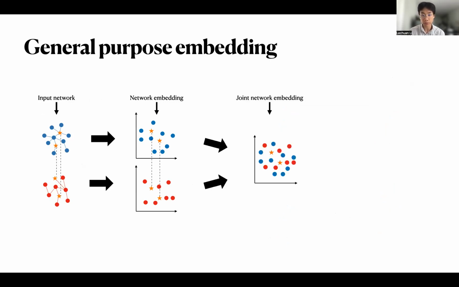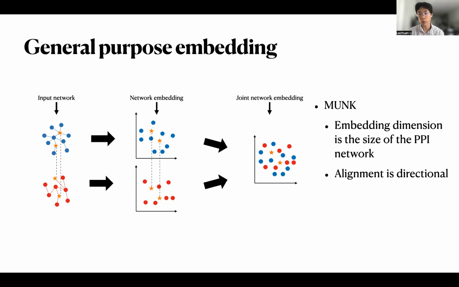Then, using the orthologous genes as anchor links, we can create a joint network embedding that has genes from different species in the same latent embedding space.